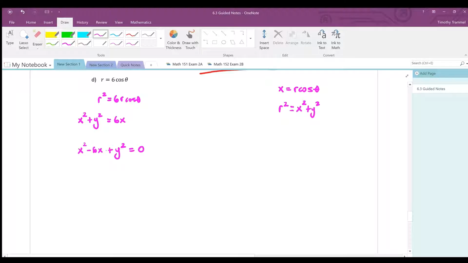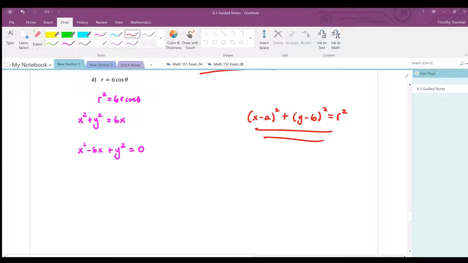Okay. Now, you can try and solve this for y, and that actually would work out fine, but you might have trouble telling what it is if you try to solve this for y. The key here is we can actually rewrite this in the form x minus a squared plus y minus b squared is equal to r squared. We can write this as a circle.